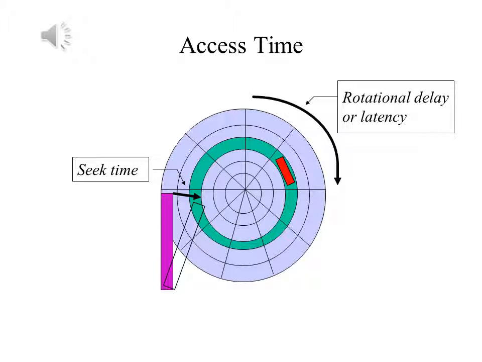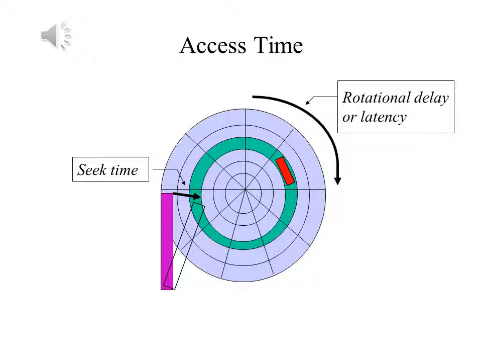The seek time is the time that it takes to move the read-write head into position over the proper track. The rotational delay is the time that it takes the sector being read or written to move under the read-write head. And the data transfer rate is how many bytes per second can be transferred from the computer to the disk, or vice versa.